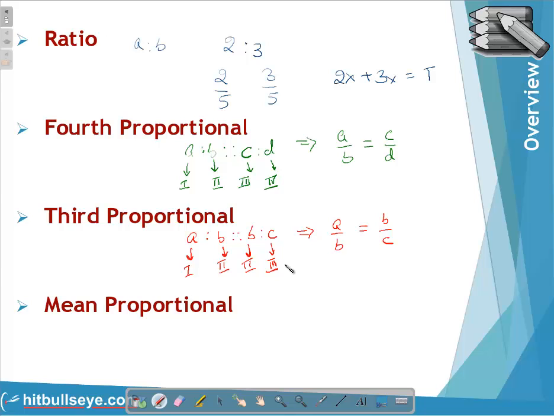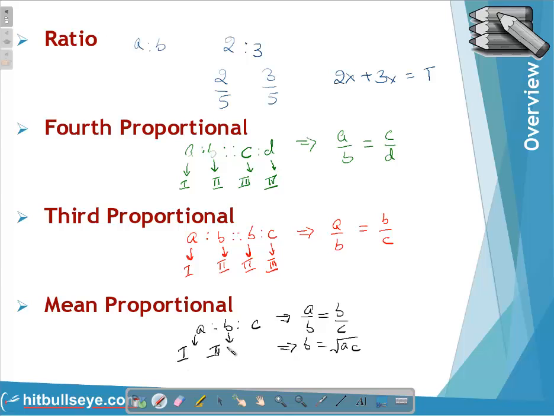Similarly, we could explain the mean proportion. The mean proportion is defined as the second number having the same ratio with the first as it has with the third. Or we could write it as A is to B is to C, or in mathematical terms A by B equals B by C, or B equals root of AC.